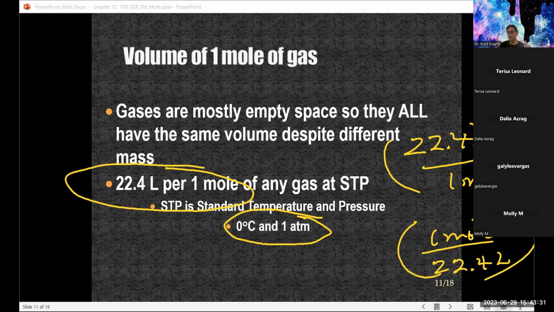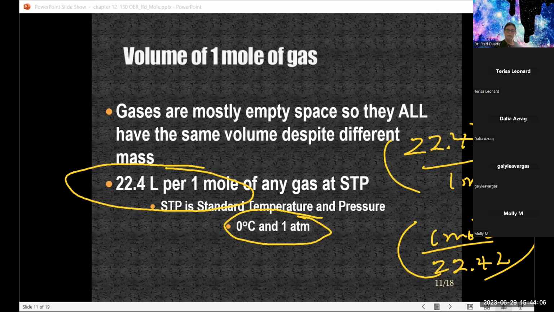So you think about it, if you're dealing with a gas and you start off with molecules of gas, you can convert to 2 moles of gas using Avogadro's number. And then from that, using this conversion factor, convert that to a volume and calculate what the volume is of that gas at STP. Or instead of using this factor, use the molar mass and calculate the grams for that amount of gas. Okay.